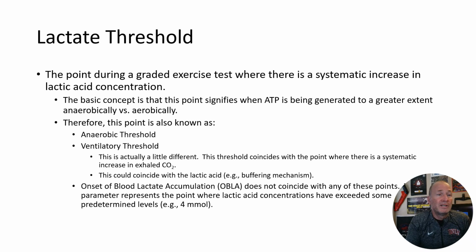Ventilatory threshold is typically determined using gas exchange, VO2 and VCO2. Onset of blood lactate accumulation is a little different in that you're setting an absolute number of blood lactate that if you go above it, then that signifies some physiological response. But these are all used to represent or try to identify how active the anaerobic pathway is during an aerobic type exercise.